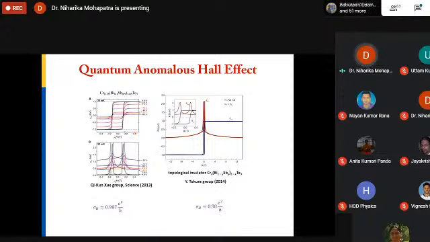But in this case, the rho xx is not exactly 0, it has a certain value, in terms of kilo ohm actually.